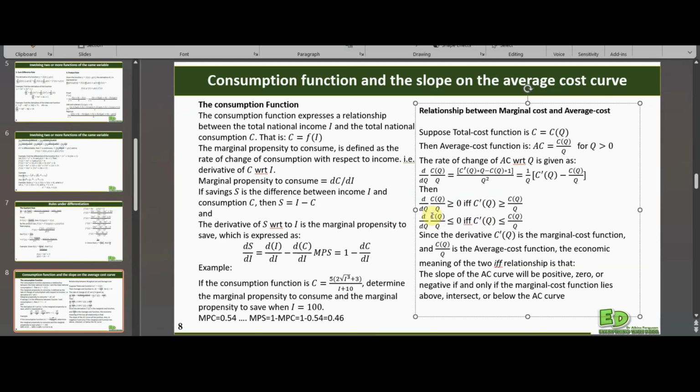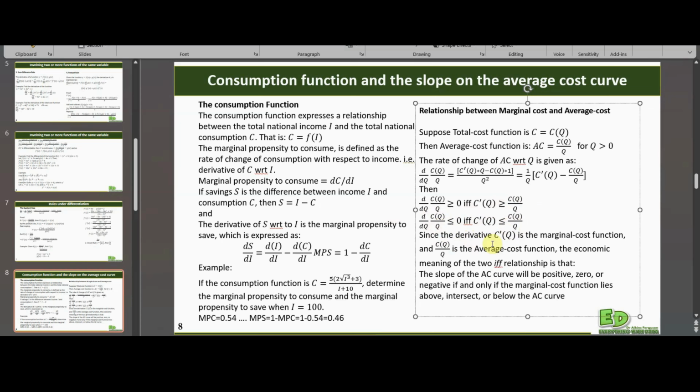Then this one is talking about C over Q: the derivative is less than or equal to 0 if and only if the derivative of the total cost function is less than or equal to the average cost function.